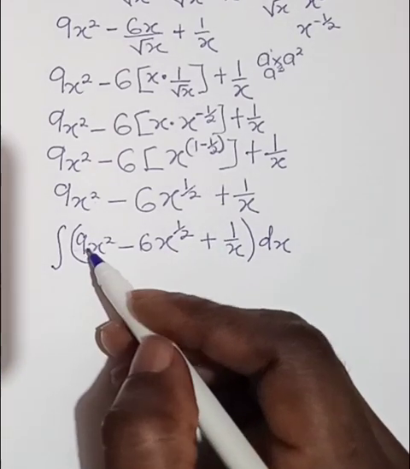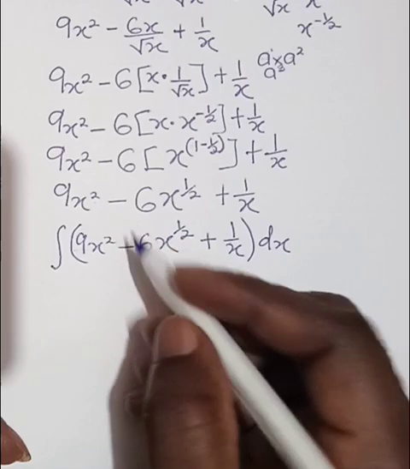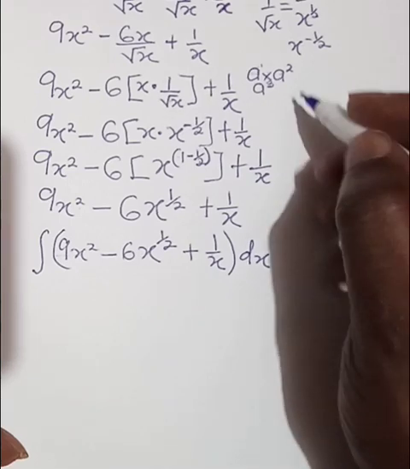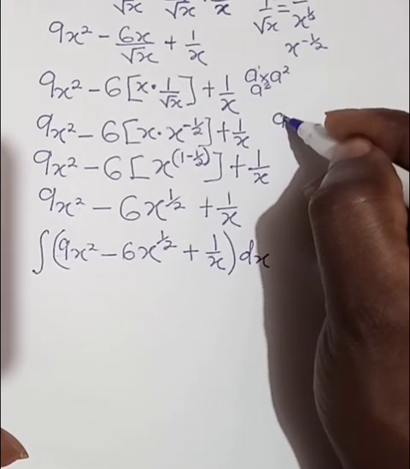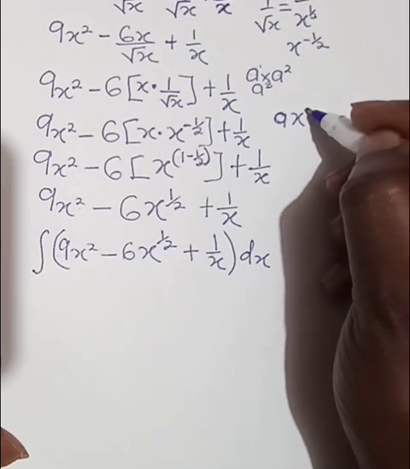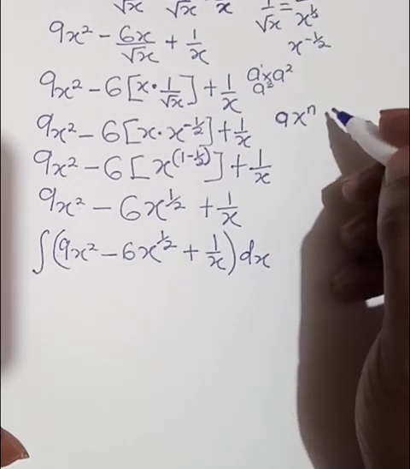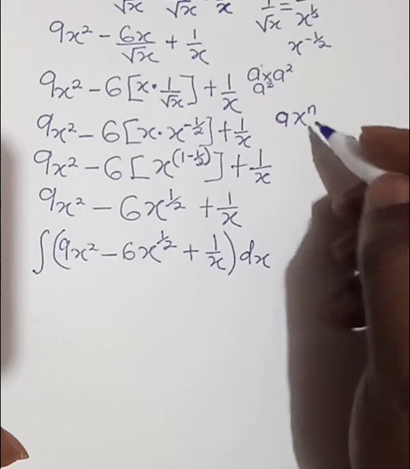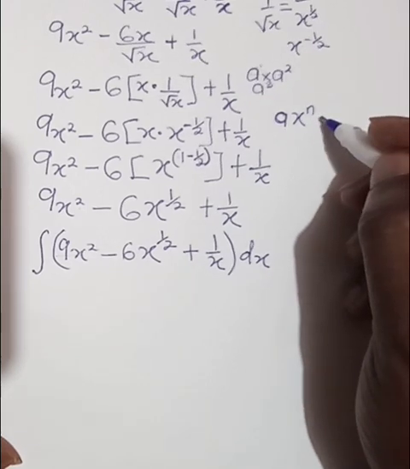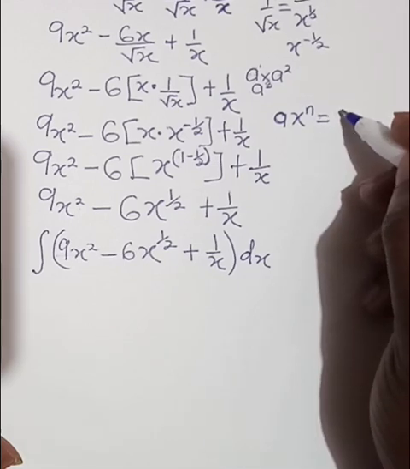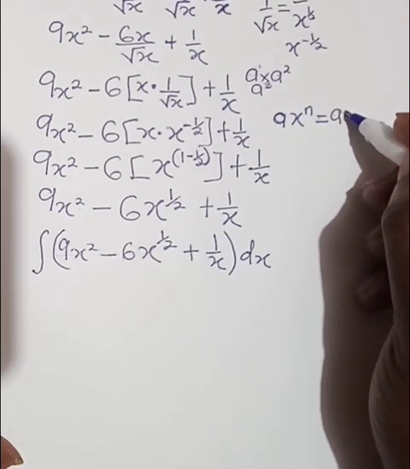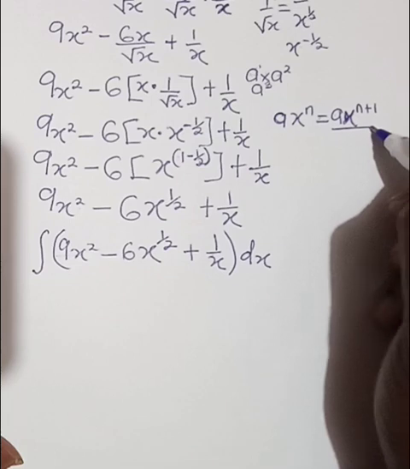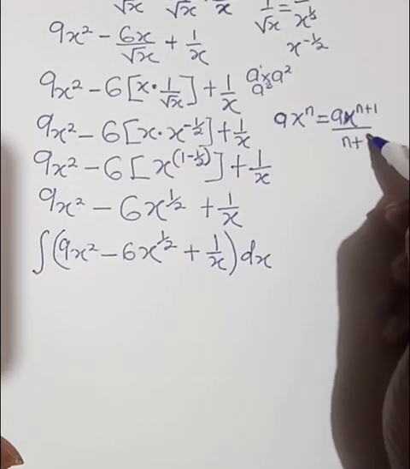So if we are to integrate the first term, which is 9x squared, I'm going to apply the general rule. Remember, in the general rule, if you have ax exponent n, you only add 1 to the exponent. So if you integrate this, you are going to get ax exponent n plus 1, all divided by n plus 1.